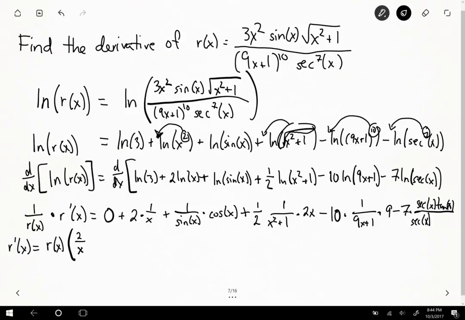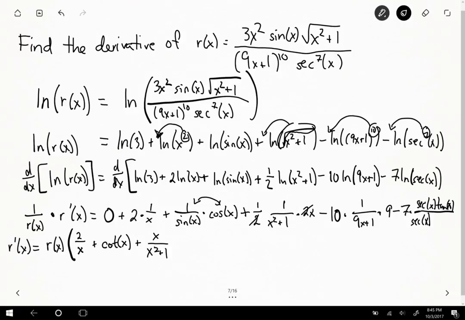Okay. Cosine of x, so cosine times 1 makes cosine of x over sine of x, and that is just cosine over sine, cotangent of x, I believe. And then notice in this next piece the 2's will cancel, so we have plus x over x squared plus 1.